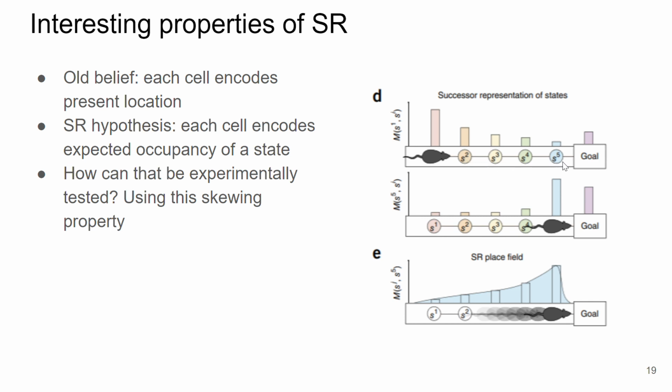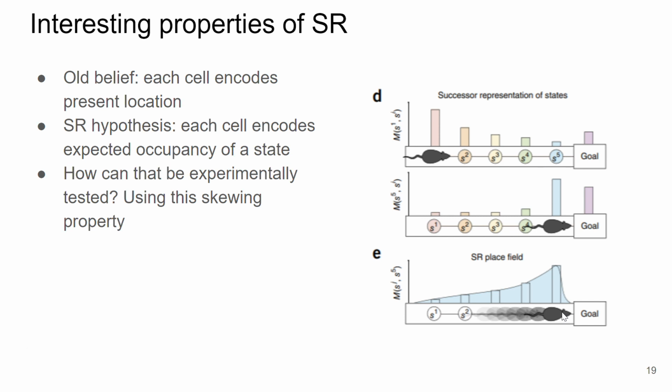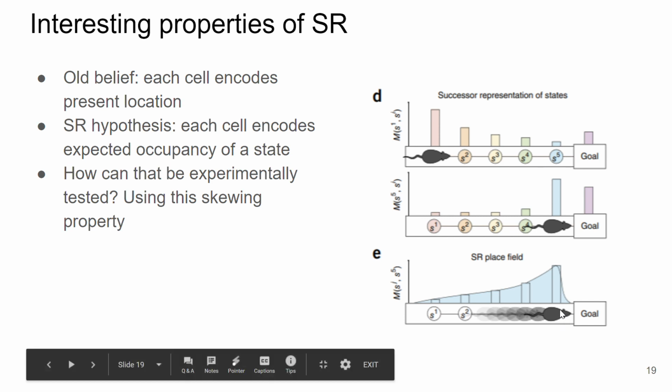No, I think just the figure E is the entire representation of one cell at position S5. Correct? What do you mean by entire representation? What is encoded in the cell 5 basically? S5. Okay, so that's the entire figure E, right?